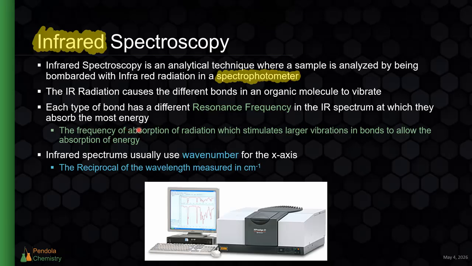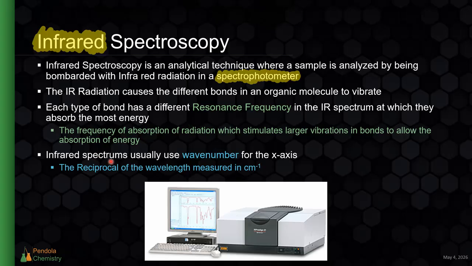That's the frequency where they absorb the energy, and it's going to cause those bonds to vibrate. So when a bond is exposed to a specific wavelength or frequency of infrared radiation, that is its resonance frequency, it absorbs the energy from that wavelength.